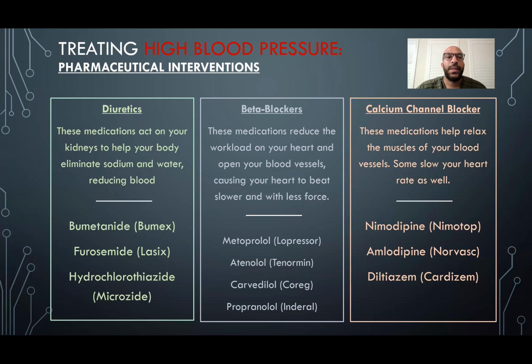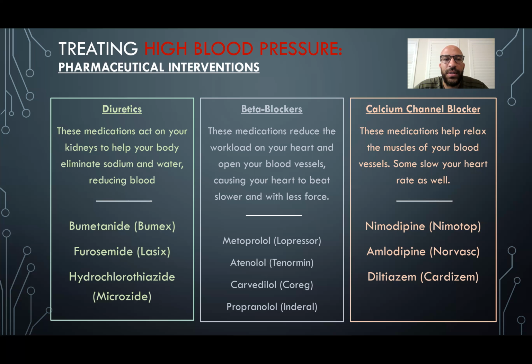So, diuretics, most common medications, Bumex, Lasix, and Microzide. And they don't work on the cardiovascular system to reduce blood pressure. They work on the kidneys, and they pull out sodium and water. Not potassium and water, sodium and water.